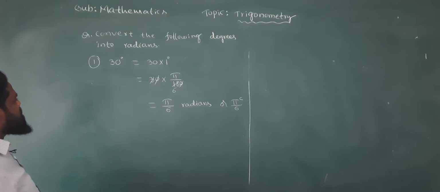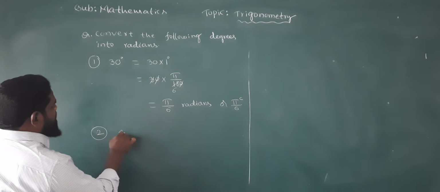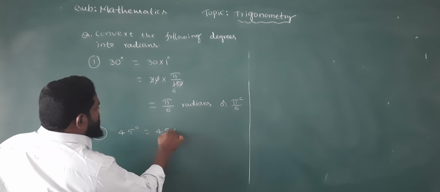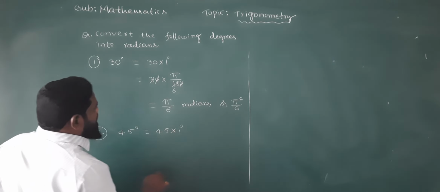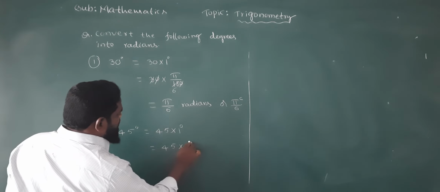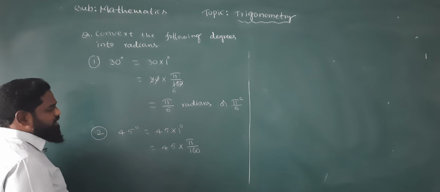Okay. Now let us see how do we convert 45 degrees into radians. 45 into 1 degree means how many radians? Pi by 180.